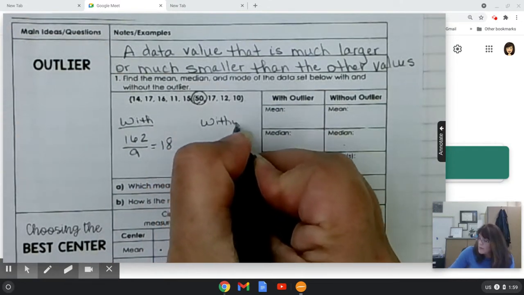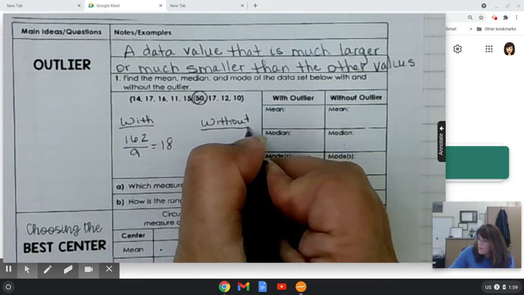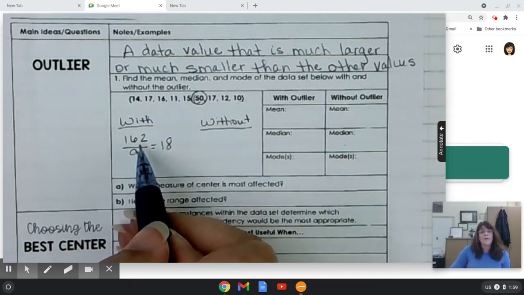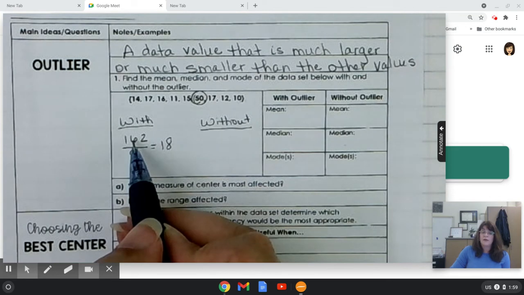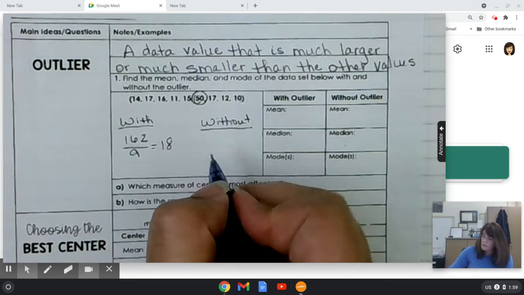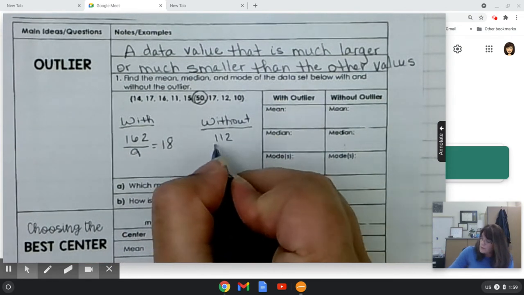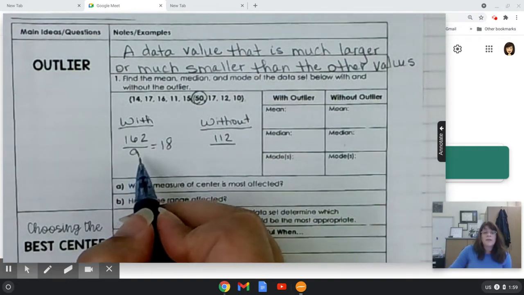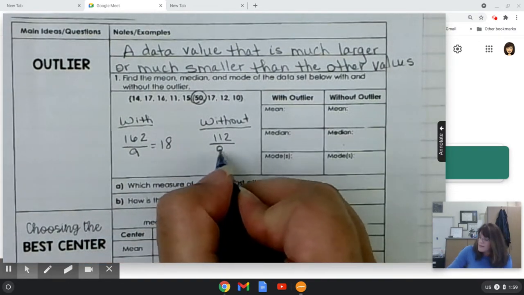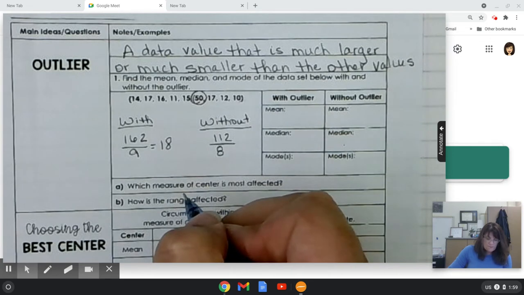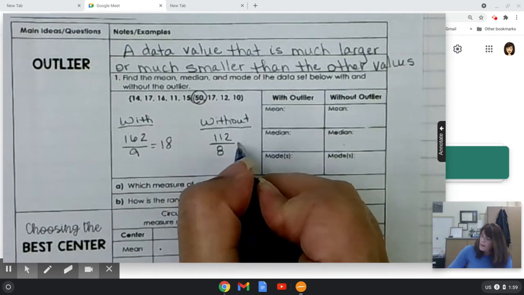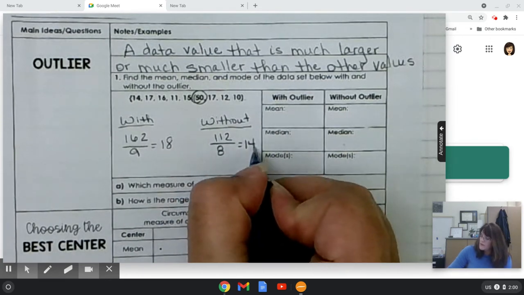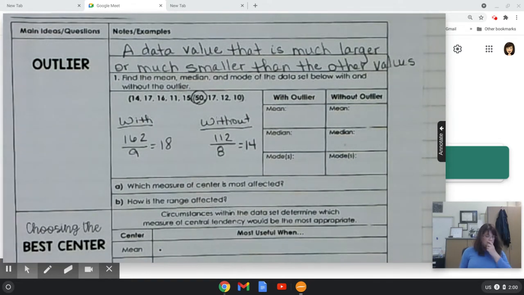Without, well, if I added up all the numbers except 50, I'd get 112. If I have one less piece of data, that's 8. Okay. And now it's 14. Okay.